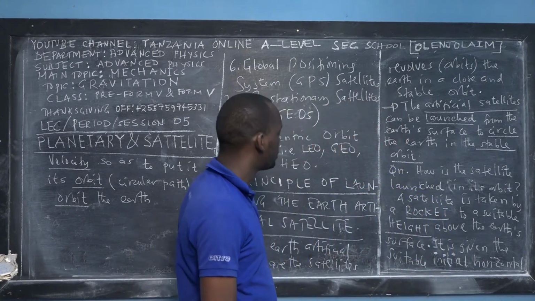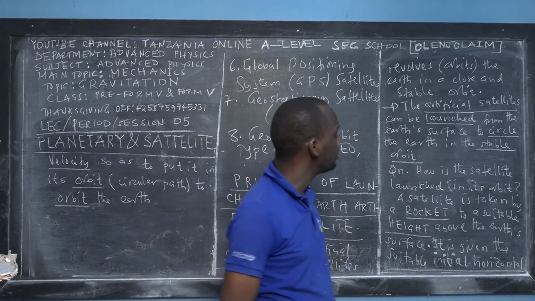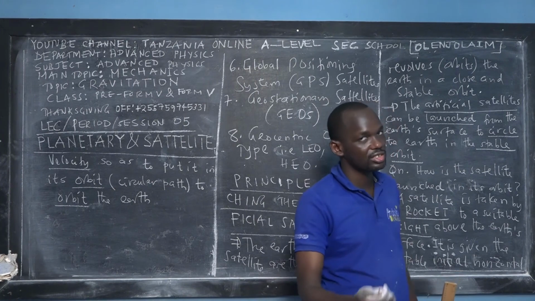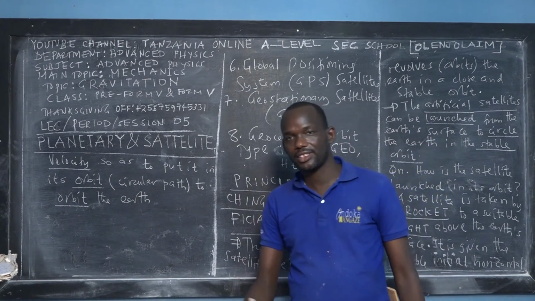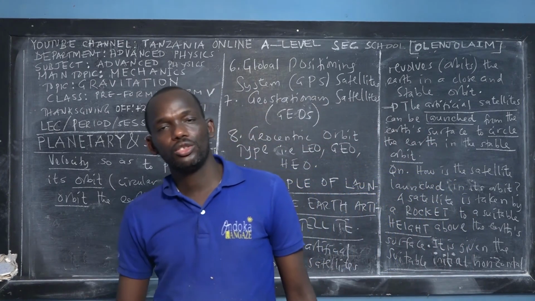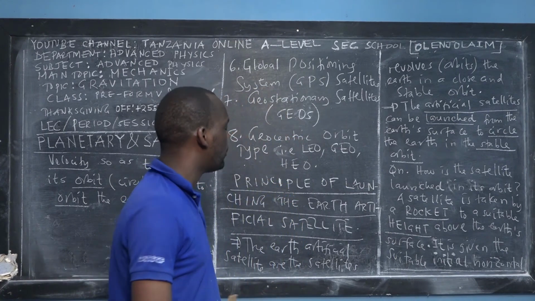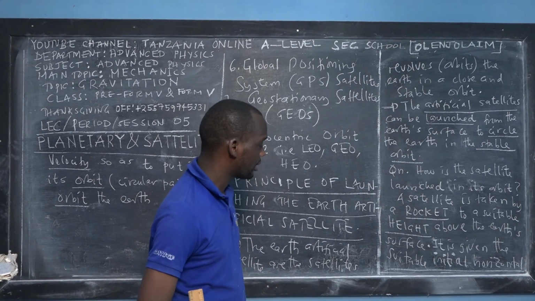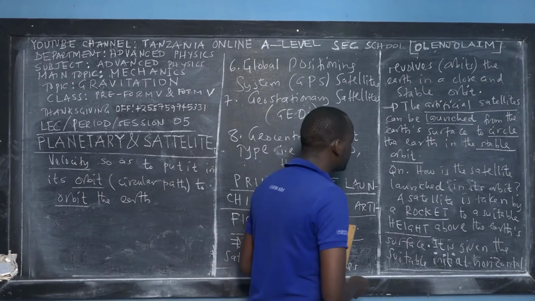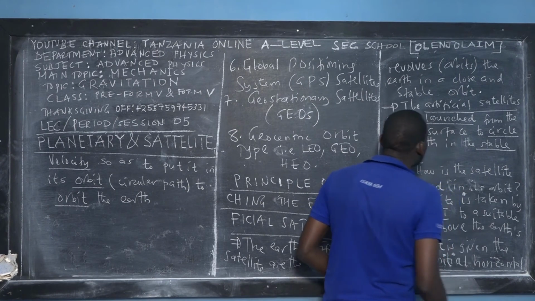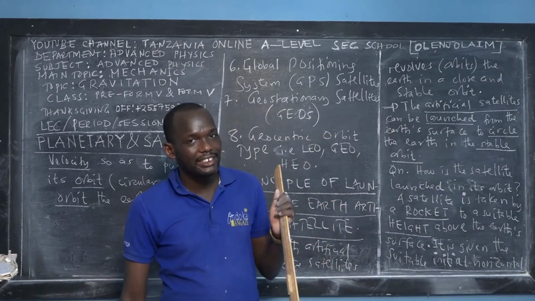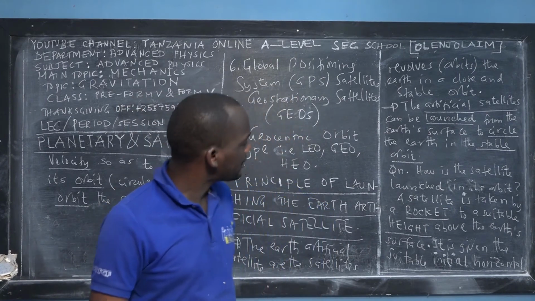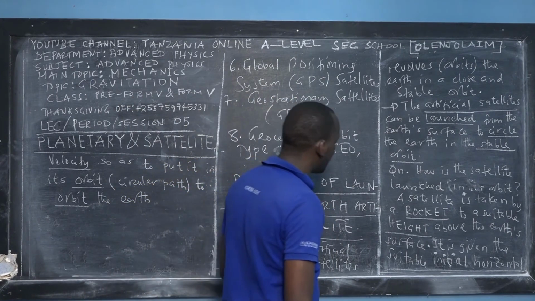So the answer is, it's not a simple process, but we are just introducing it to you because this is an introduction of the concept of the satellites. It's not too much detail. So the basic thing we have to bear in mind is that two things are going to be done, but at an advanced level there are a lot of things to be done. After designing and testing the particular satellite on the Earth's surface, the satellite is taken by a rocket.